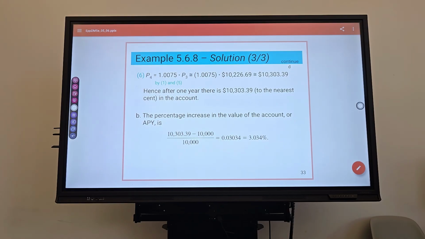So the annual percentage yield would be 3.034%, because you're getting interest on interest. The yield is actually higher than the percentage rate.